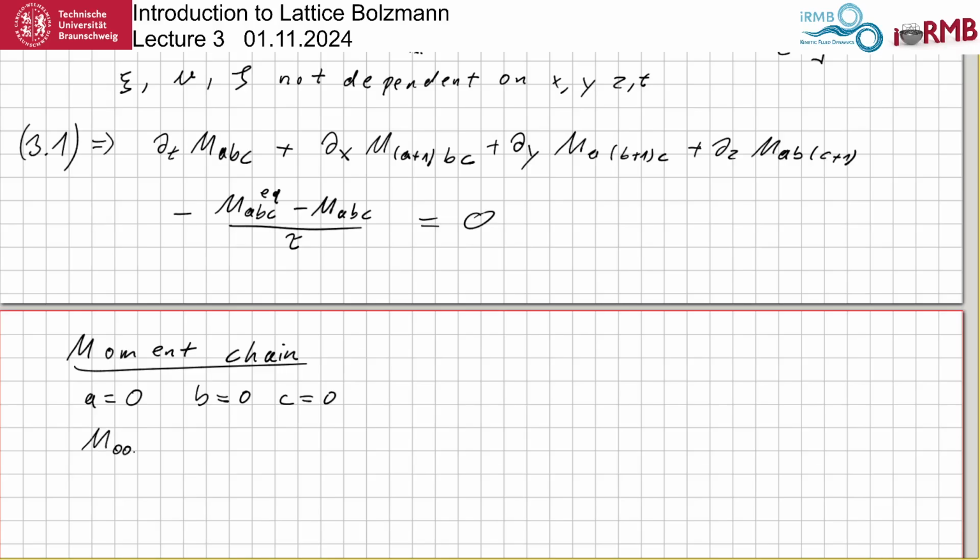So then we are talking about the moment m_000, and we know this moment m_000 is xi to the power of 0, upsilon to the power of 0, zeta to the power of 0, which is all 1, and this integrated with f over the velocity space is something that we'll then call rho, and this is the particle density, because we have not included mass in the definition of the moment.